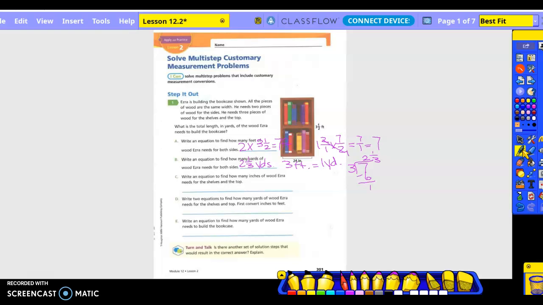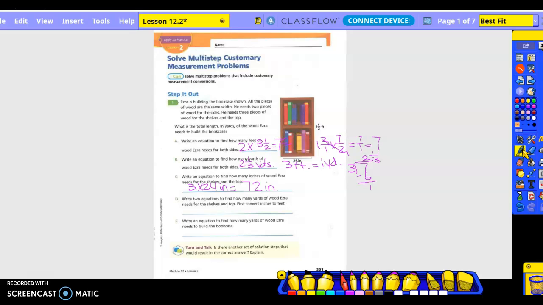And then we have the bottom shelf, the middle shelf, and the top. So we would have 3 times 24 inches, which equals 3 times 4 is 12. Put the 2, mentally carry the 1. 3 times 2 is 6. Plus 1 is 7, so 72 inches, right?